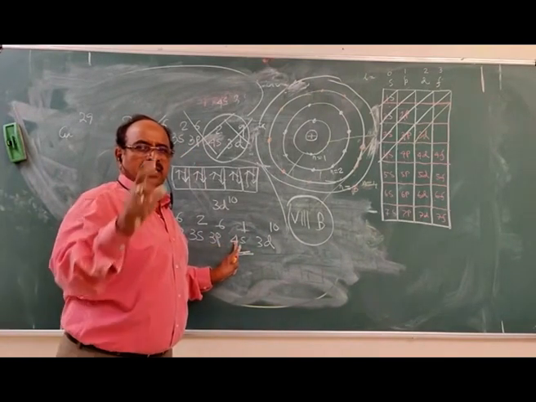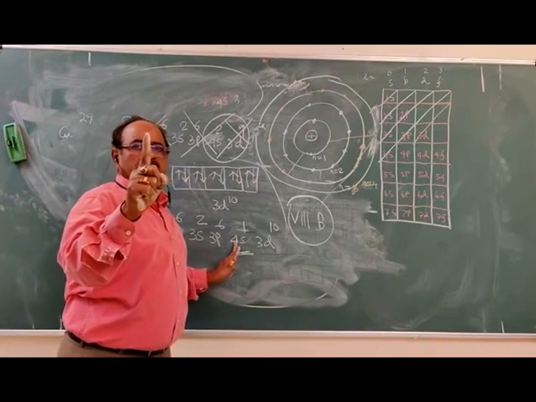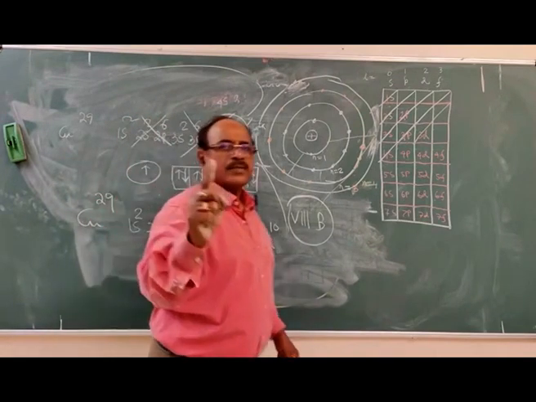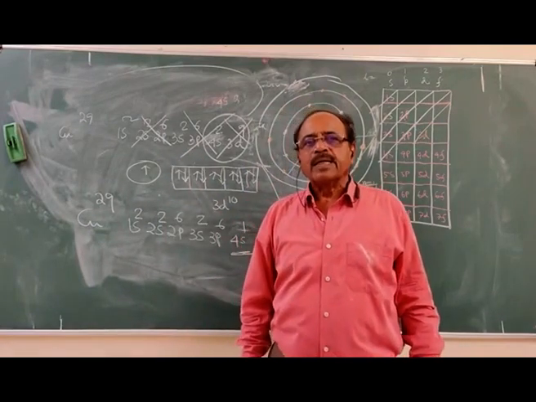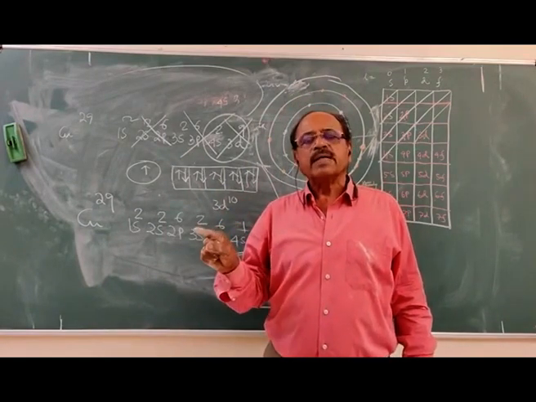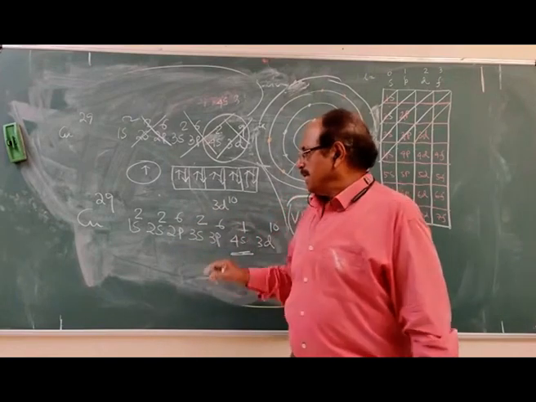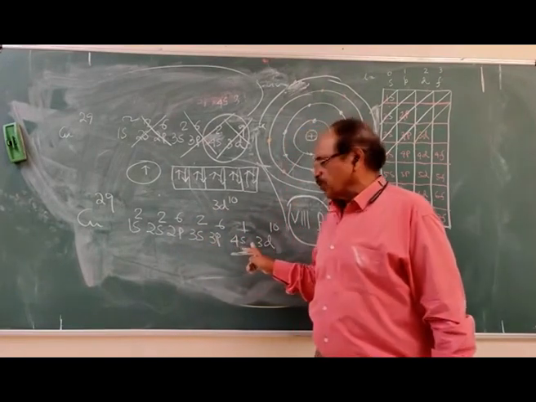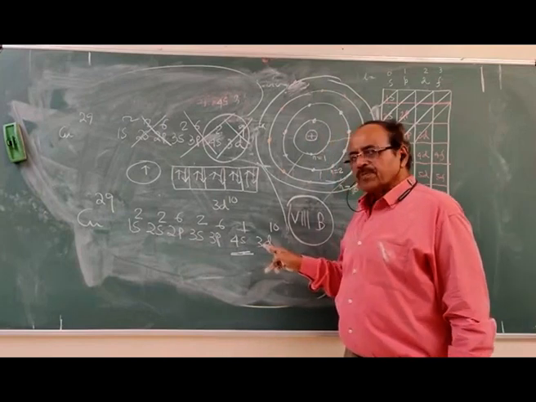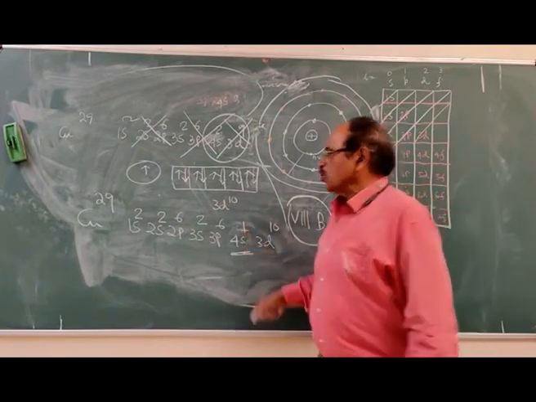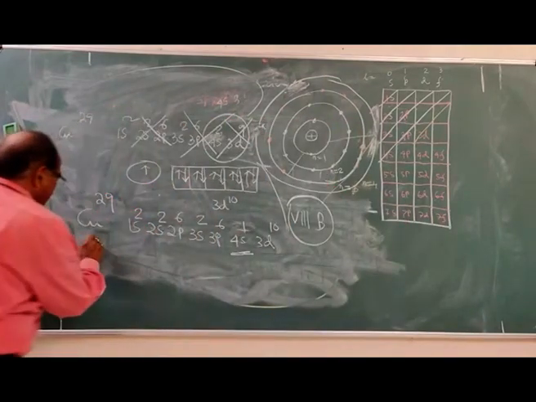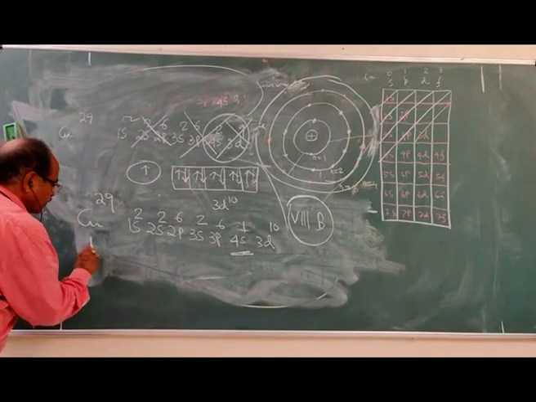Since there is one electron, it is placed in the 1B subgroup of the periodic table. When the electron is filled into the d orbital, it is placed in the B subgroup. So copper is in the 1B subgroup of the periodic table.